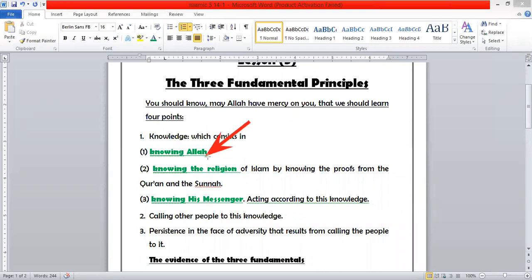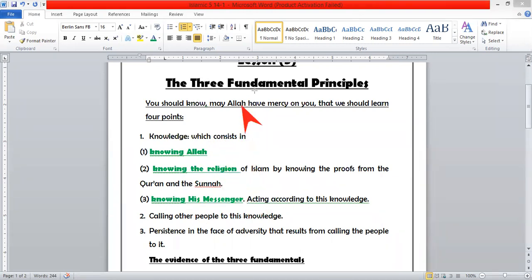If that person doesn't have complete knowledge of Allah, of the religion, and of Prophet Muhammad, peace be upon him, then the iman, the faith of that person, is not complete. So it's necessary, it's mandatory for every Muslim man or woman to get the knowledge.